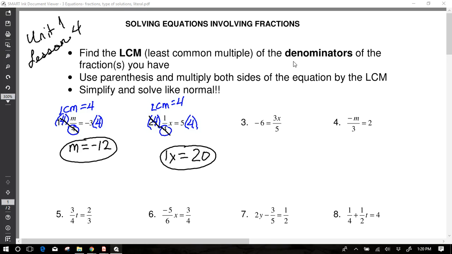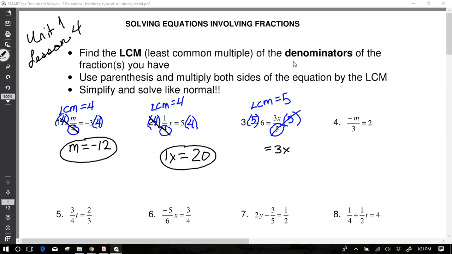Let's look at number 3, because it is slightly different. In number 3, my least common multiple, let's decide what it should be. And it is this 5, it's the only fraction. So I am going to multiply both terms in this equation by the number 5. 5 over 5 simplifies, and I'm left with only 3x.